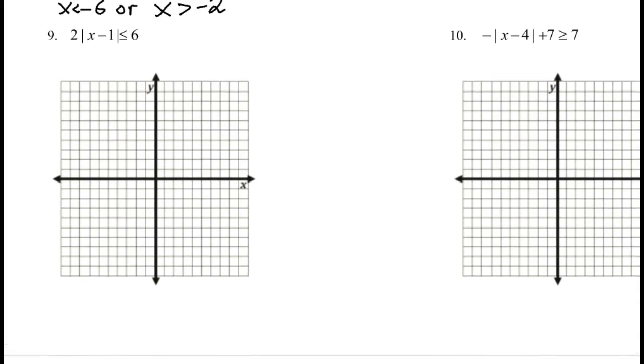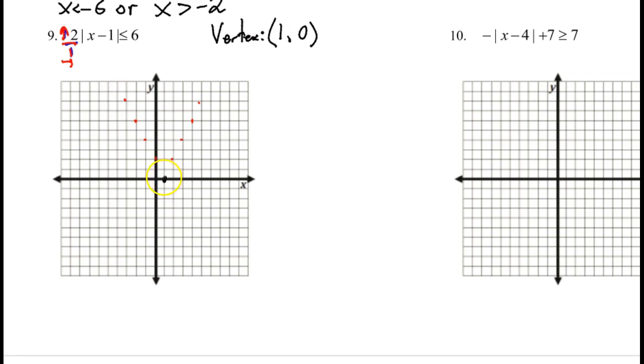All right, one more. Or two more, sorry. Okay, so let's graph here. We have a vertex at +1, 0. Slope is 2, or 2/1. It's up 2, right 1. Up 2, left 1.